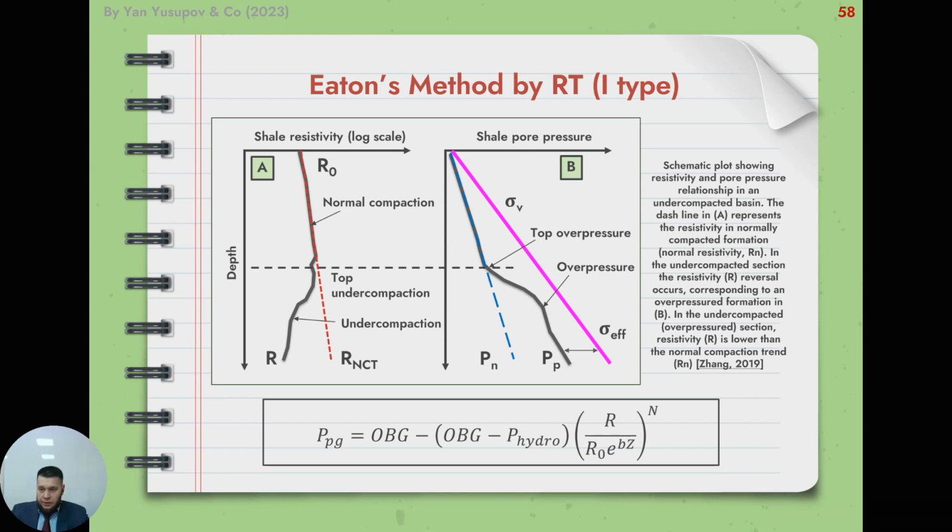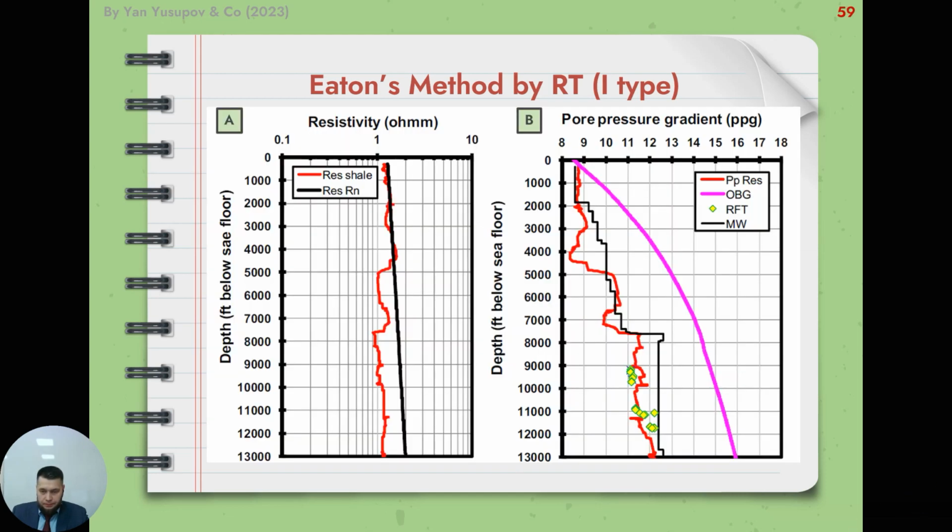Based on the relationship of measured resistivity and burial depth in a formation with normal pressures, the following equation of Eaton's method by resistivity logging was proposed.